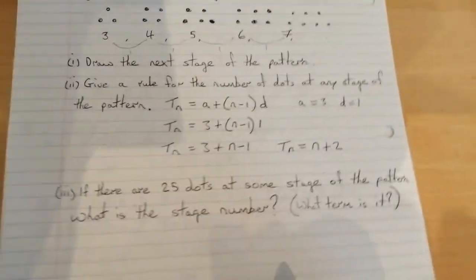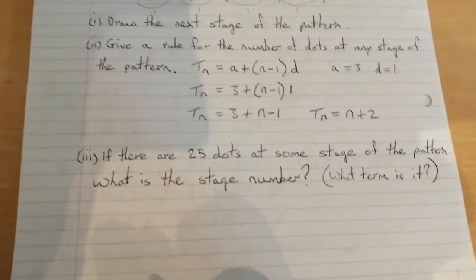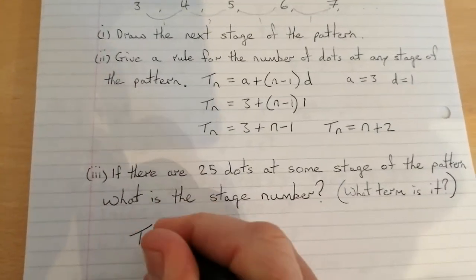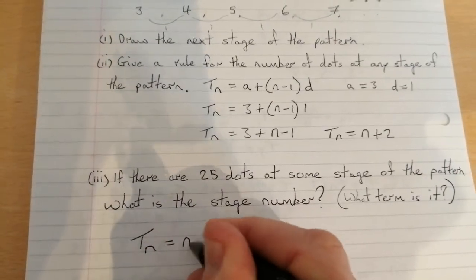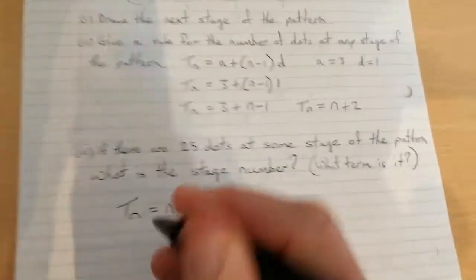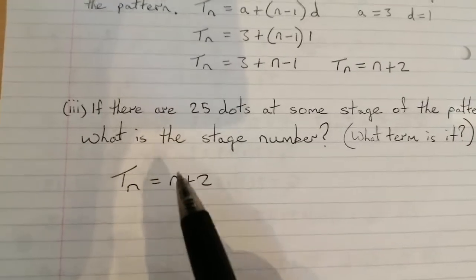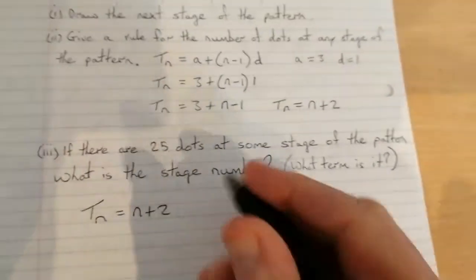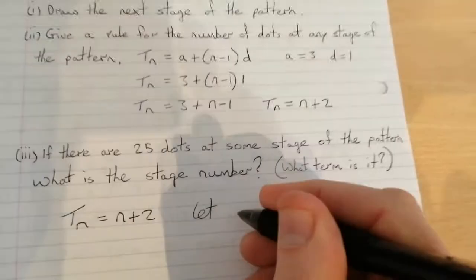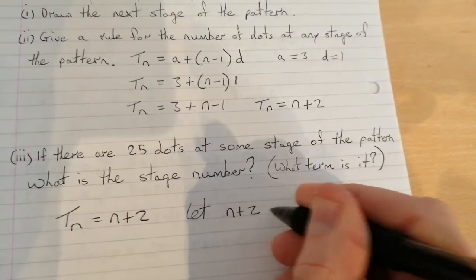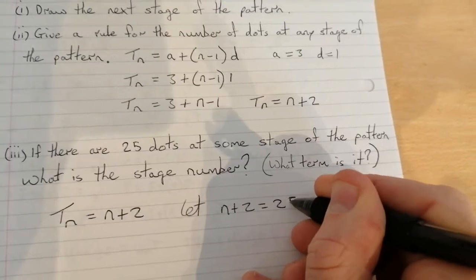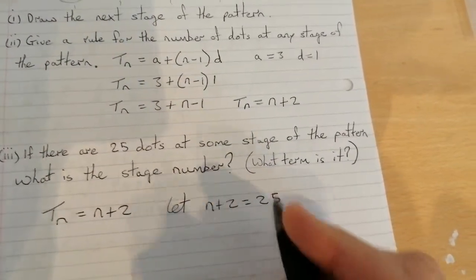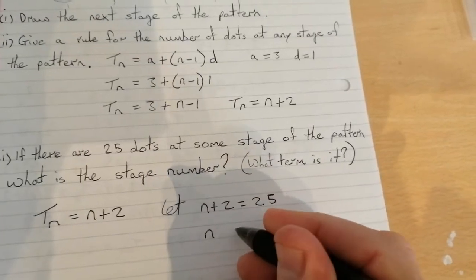So in this case, and in other questions similar to this, what we do is a little different. We start with the formula. Okay, and if we know that n plus 2 must turn out to be 25, well then we just let n plus 2 equal 25, and we work out what is the n that will make n plus 2 equal to 25. And that's just simple algebra after that, isn't it?